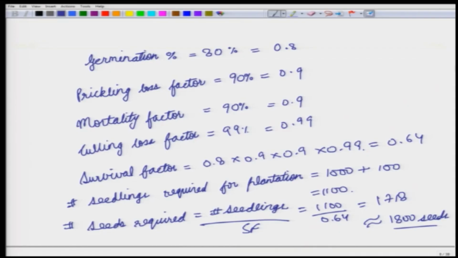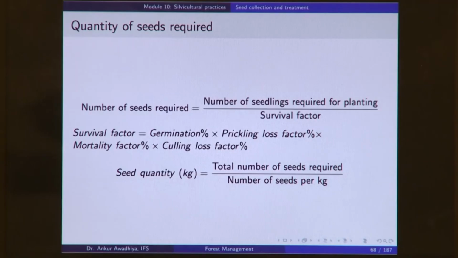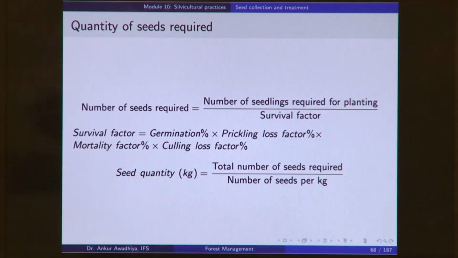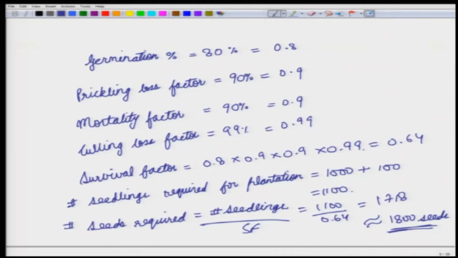Now, next, seed quantity is given as the total number of seeds that is required divided by the number of seeds per kg. Because we said that we require 1800 seeds, but then we cannot go and count each and every seed, because seeds typically are very small for a number of species.